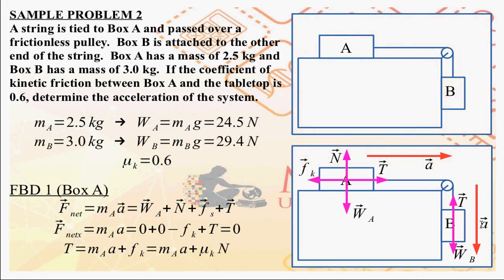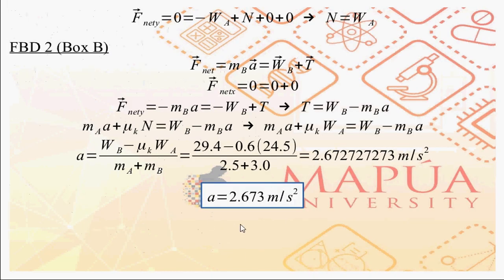Instead of acceleration heading to the right and then downwards, acceleration would be heading upwards and then to the left. But since we got a positive answer, the acceleration direction that we assumed was correct.